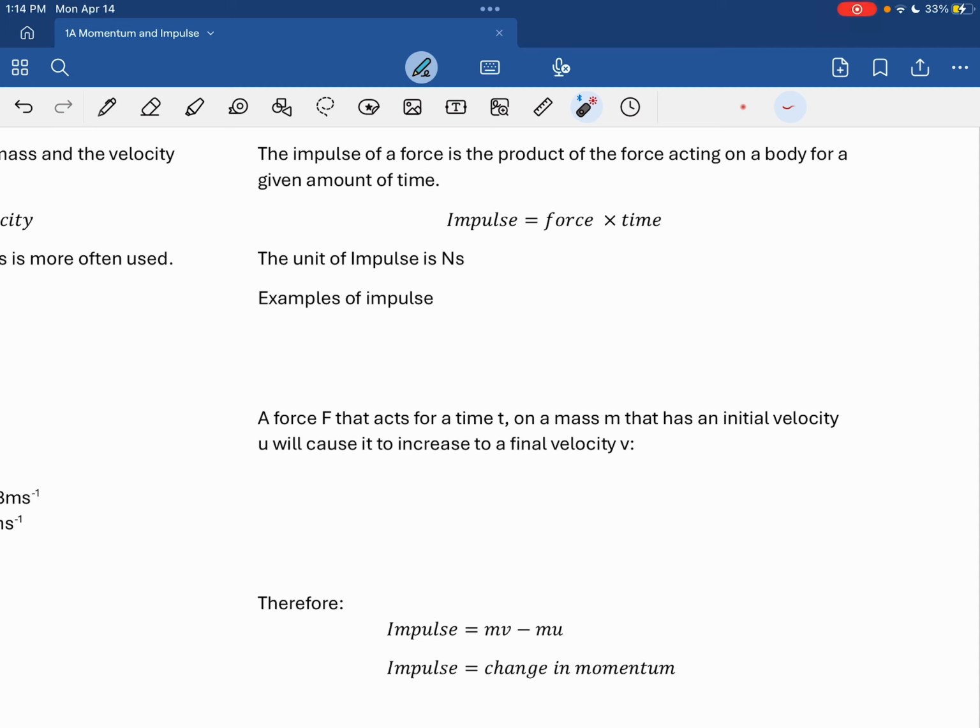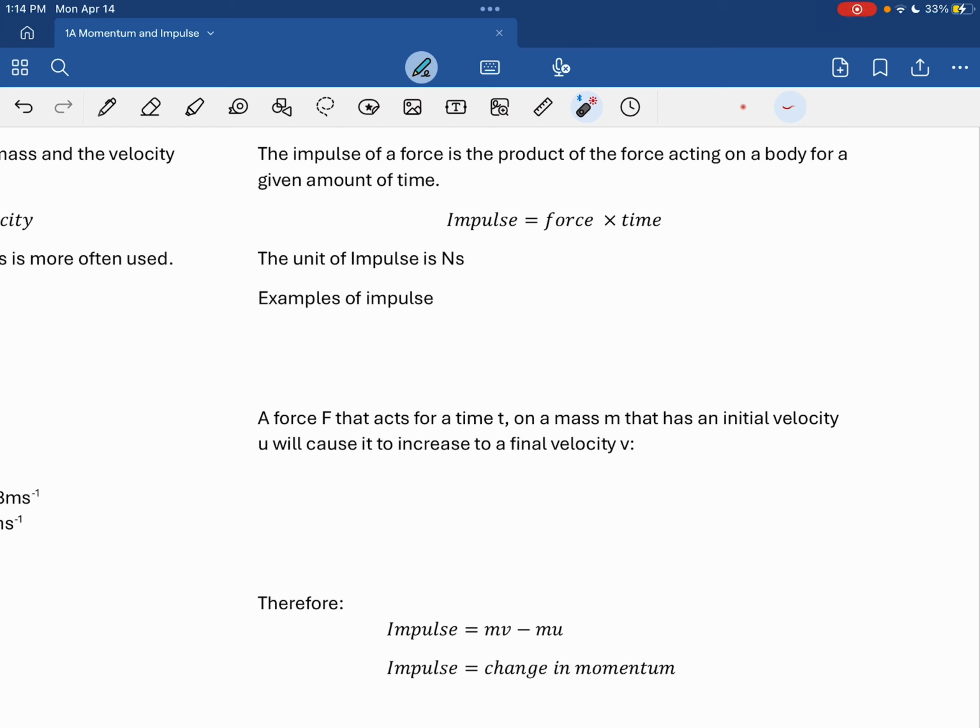And a bat hitting a ball. They're all examples of a force being applied to an object for an amount of time. And typically the amount of time that the force is applied is very short. A tennis racket hitting a ball, very short amount of time typically. But there's nothing to say that that time can't be much longer.